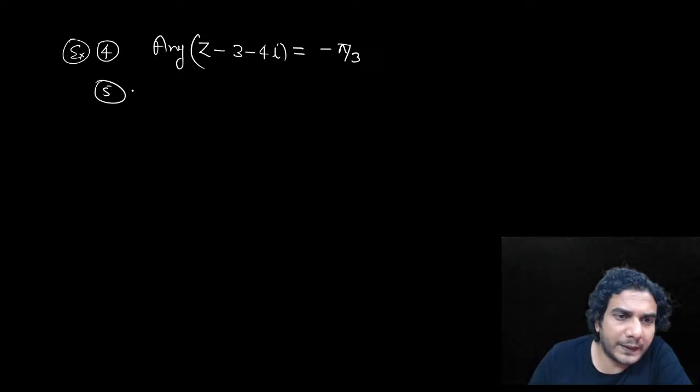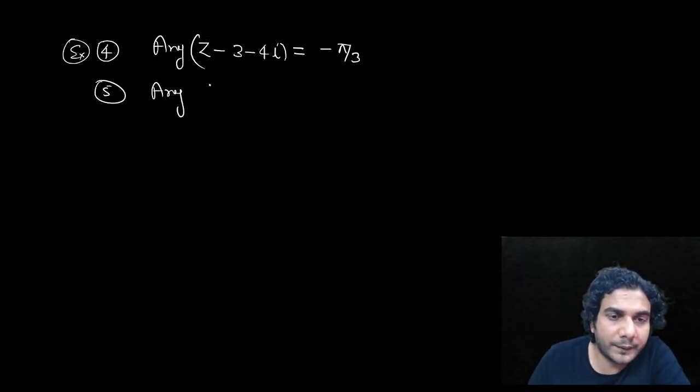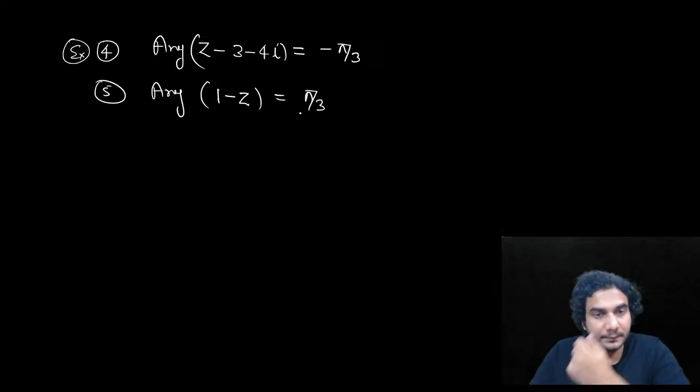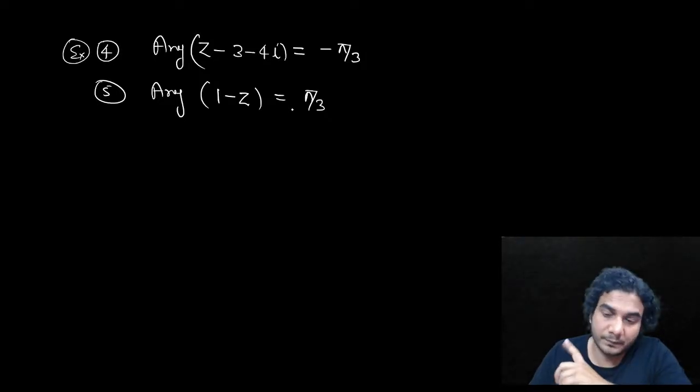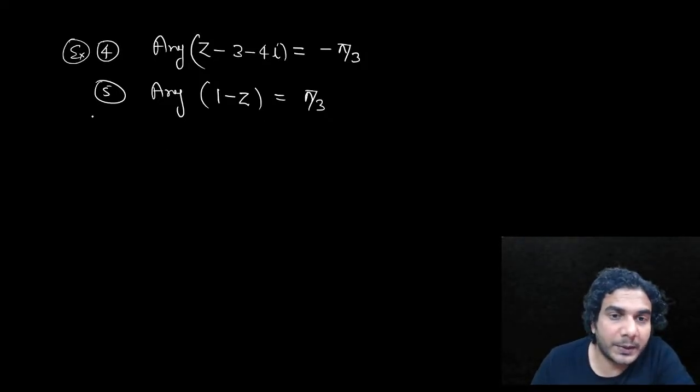Now I'll give you fifth example. Argument of 1 minus z is equal to pi by 3. Okay, that is 1 minus z now.